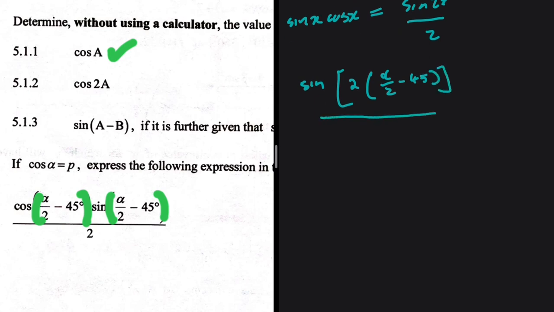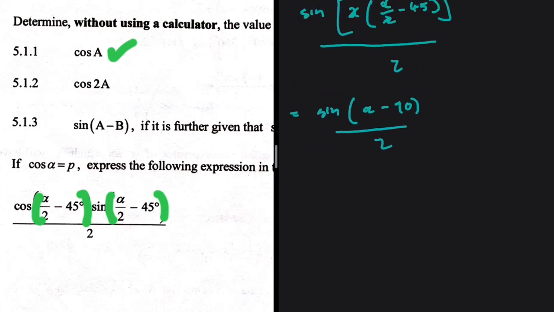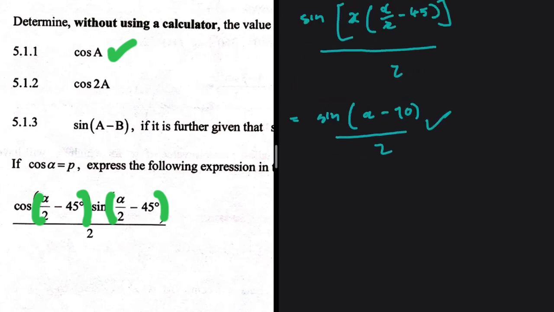Everything divided by 2, right? And then this is equal to sine of 2 and 2, I will cancel out, right? We're gonna be left with alpha minus 90, everything over 2, right?